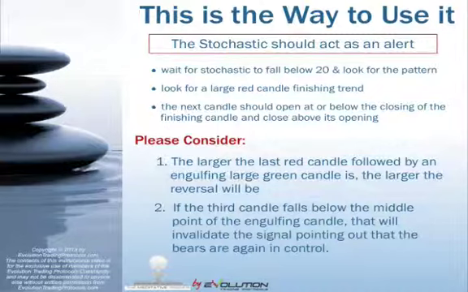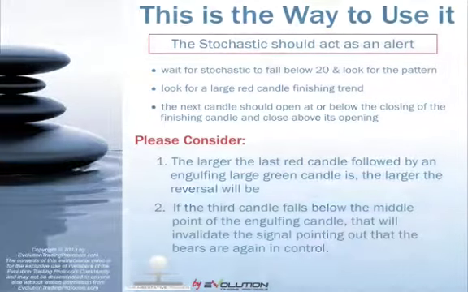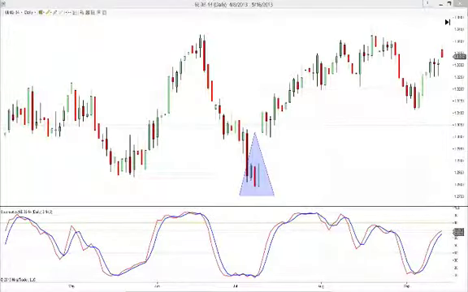Hence, if the third candle does not open above the middle line of the body of the engulfing signal, leave the trade alone. Now, let's see a few examples to learn how to identify the bullish engulfing signal.